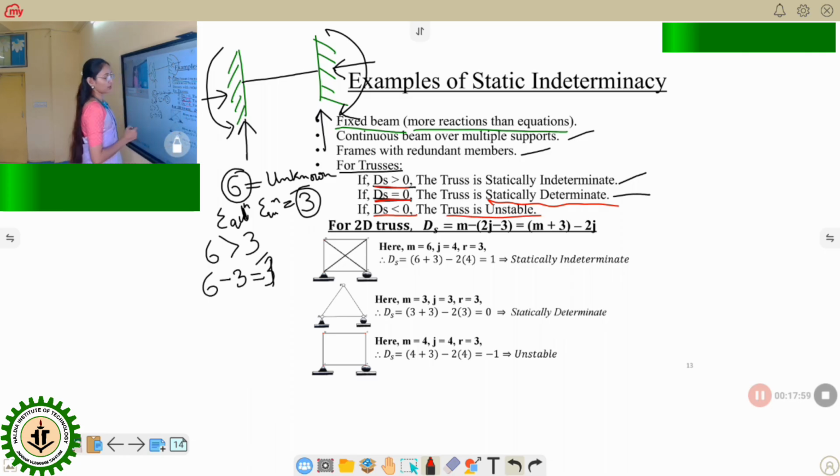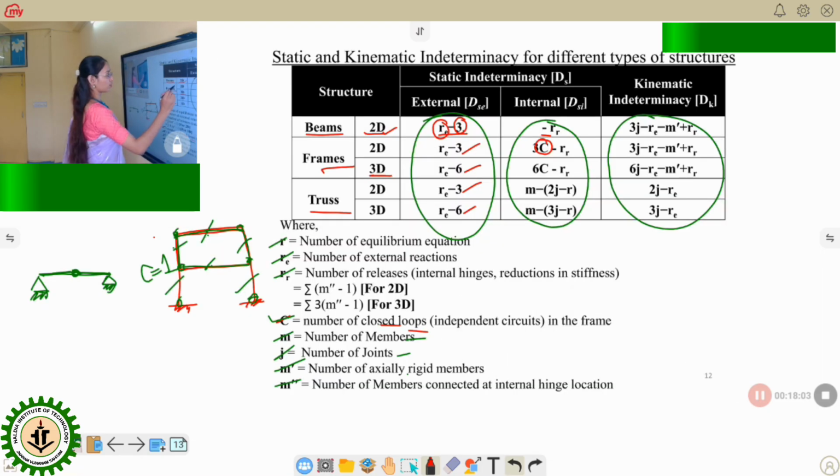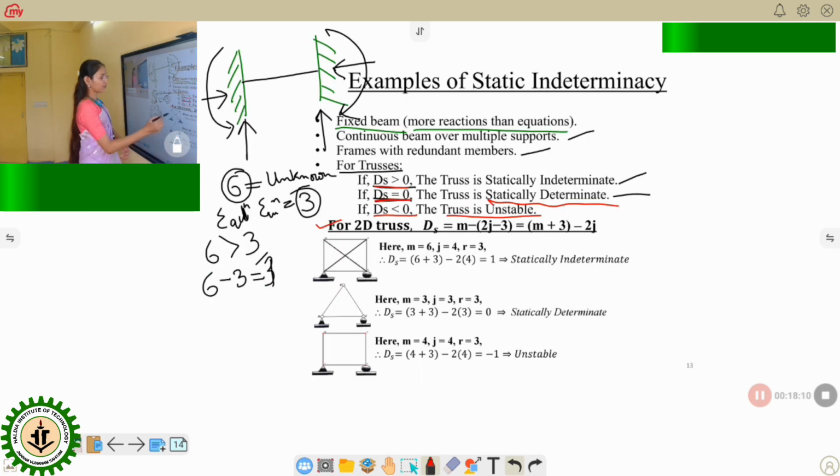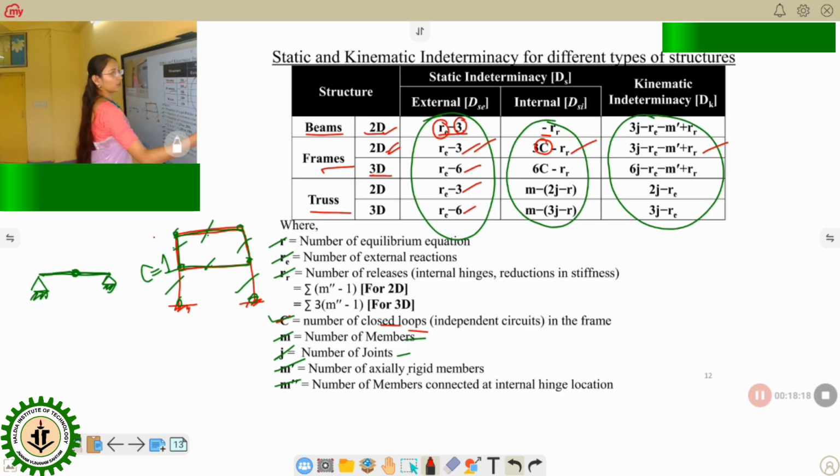So for 2D, from the last slide, we can see the external, the internal and the kinematic indeterminacy. Now here for a 2D truss, we know static indeterminacy is m minus 2j minus r.